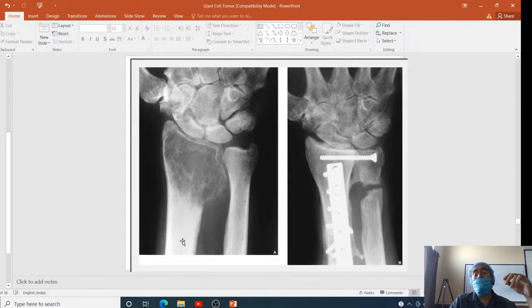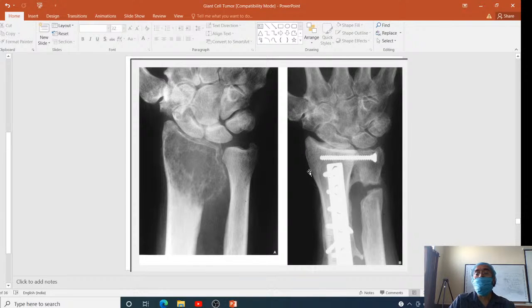But I told you, the wrist joint is a very important joint. You need to reconstruct. This is the reconstruction which we have done with fibula from the opposite side. The patient can donate fibula sometimes, usually in 90% of patients, or if the patient is a youngster, then maybe the mother's fibula can be used.